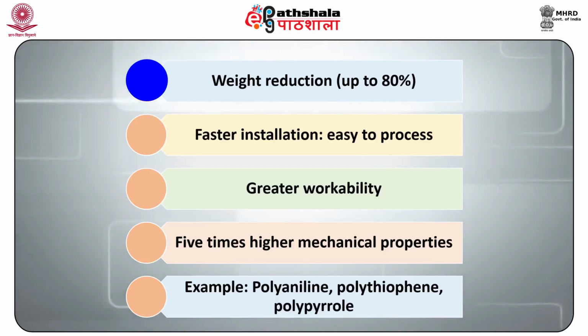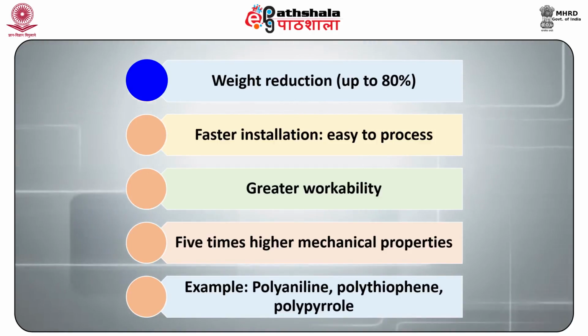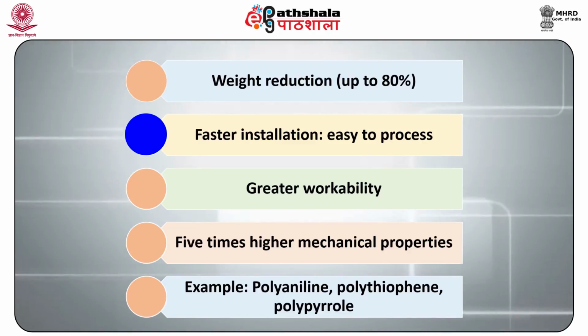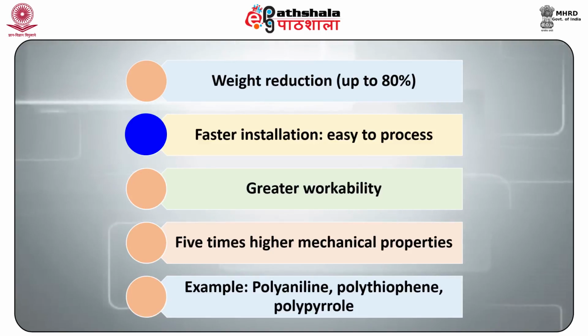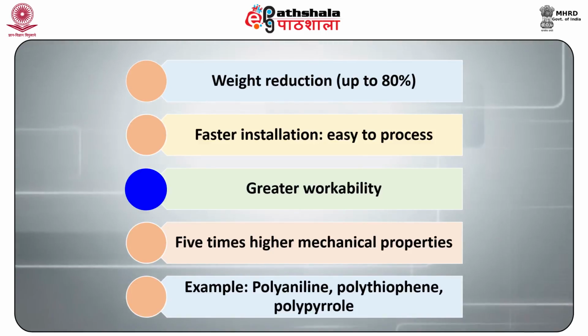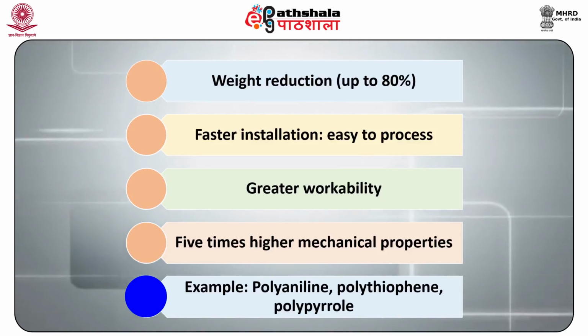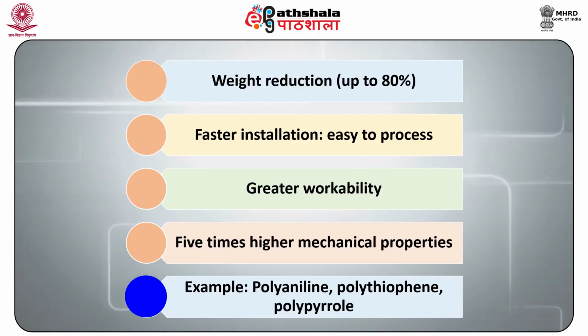They are lightweight as they are composed of carbon, hydrogen, oxygen, nitrogen, etc. as the basic atoms. Faster installation, that is, they are easy to process. They have greater workability. They have 5 times higher mechanical properties. Examples include polyaniline, polythiophene, polypyrrole.